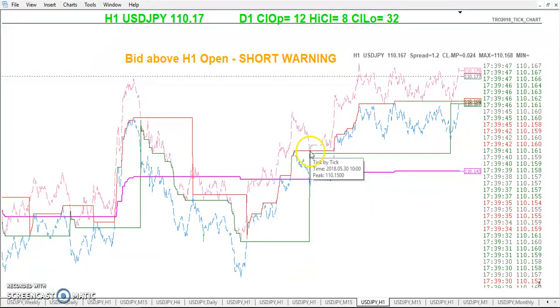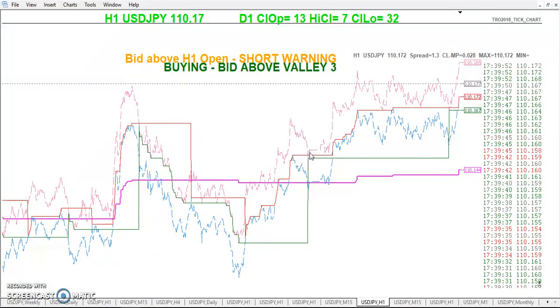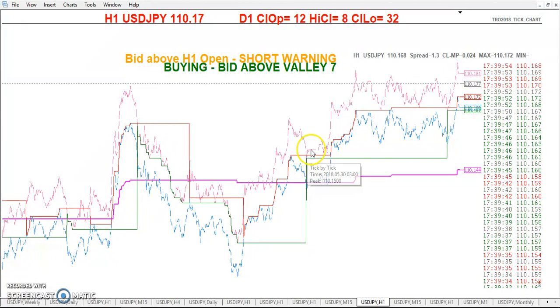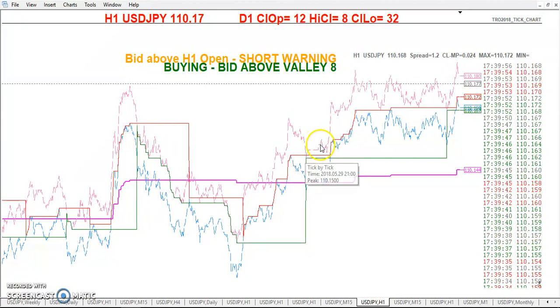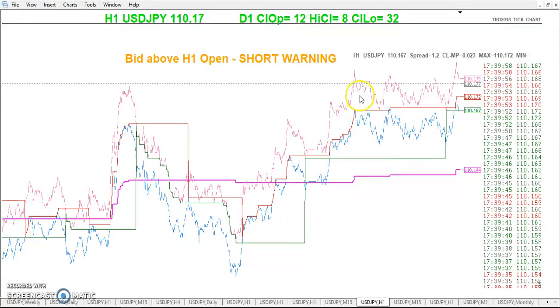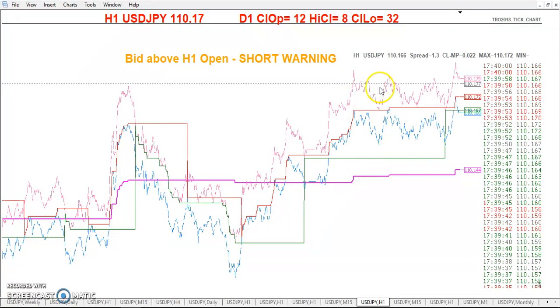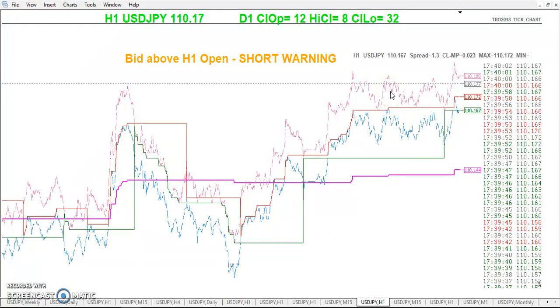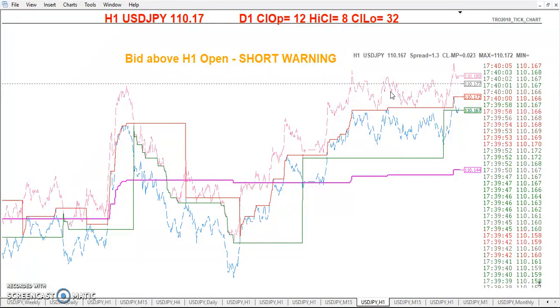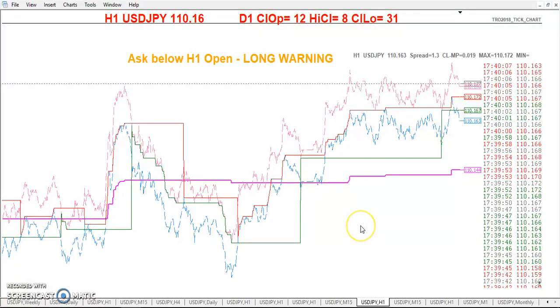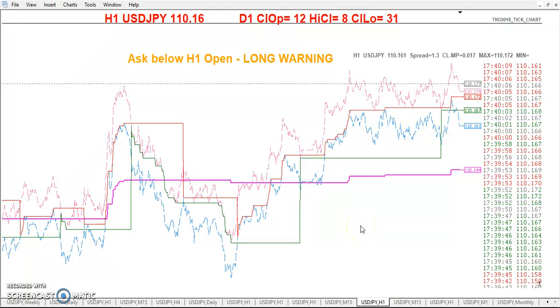Here, price slightly dipped below the peak of the bid, only for a second or a tick, and then it continued the upward movement. So that is price action at the tick level.